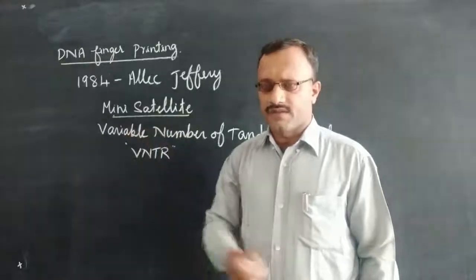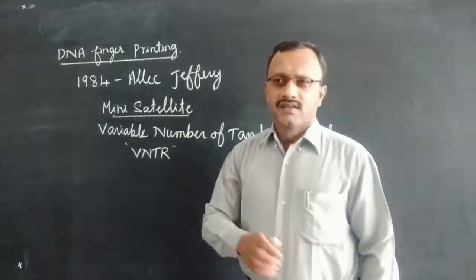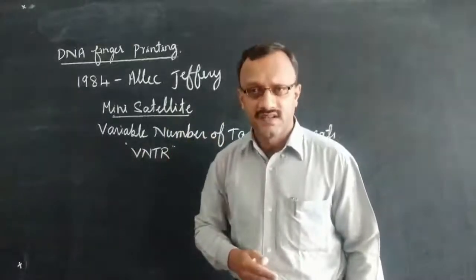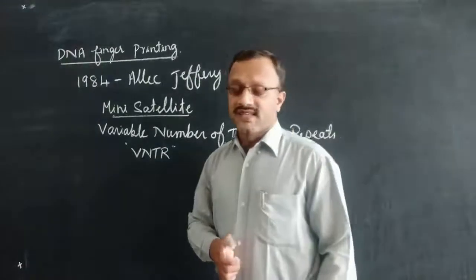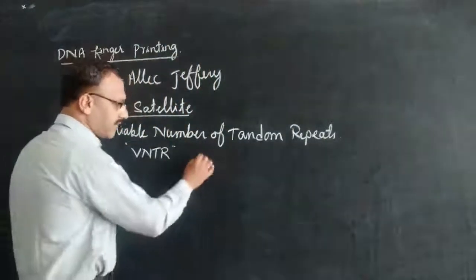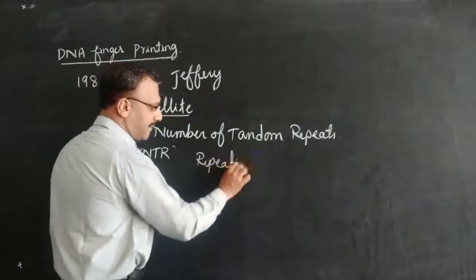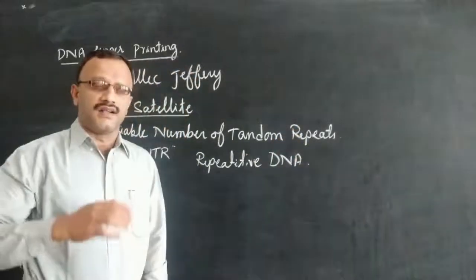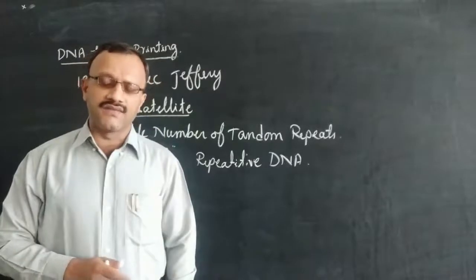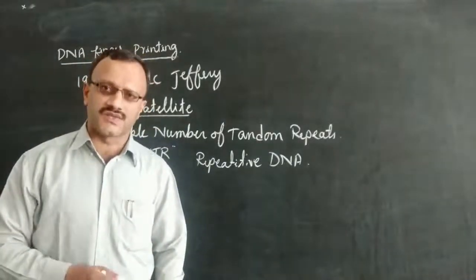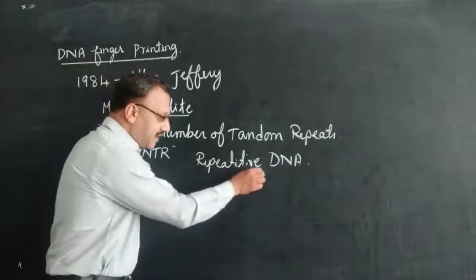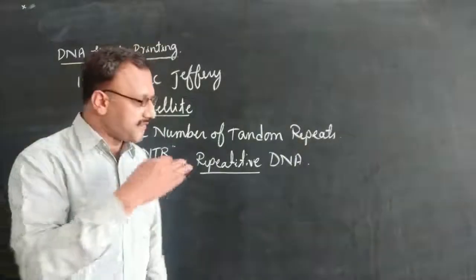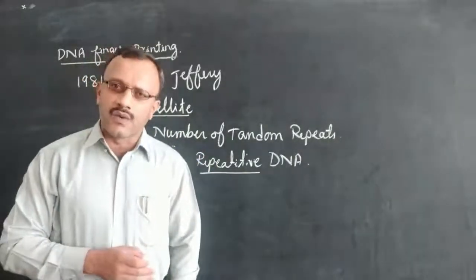Remember, in the previous topic, the Human Genome Project, we came across the fact that there are nearly 100 to 1000 repetitive DNA sequences present in a human DNA. This repetitive DNA is found scattered throughout the DNA and in the chromosomes. It is repeated thousands of times and distributed all over the DNA.